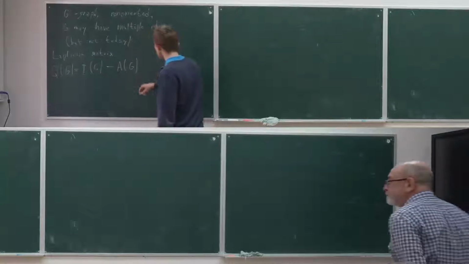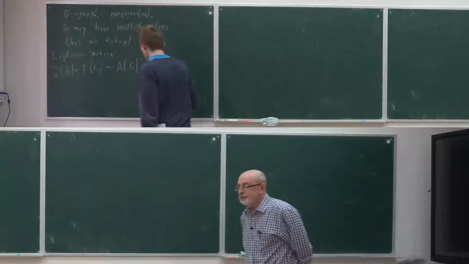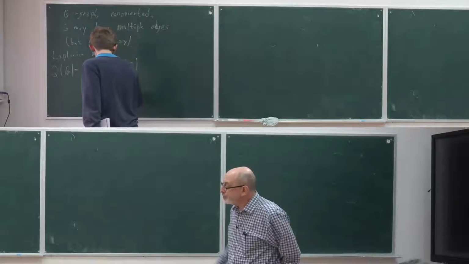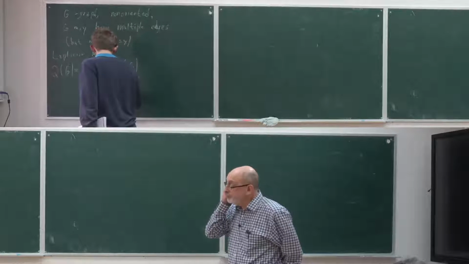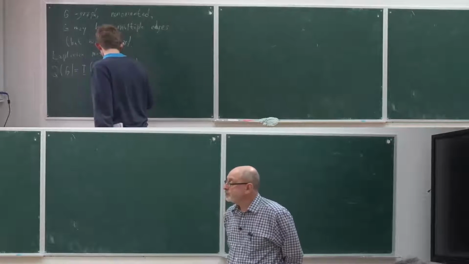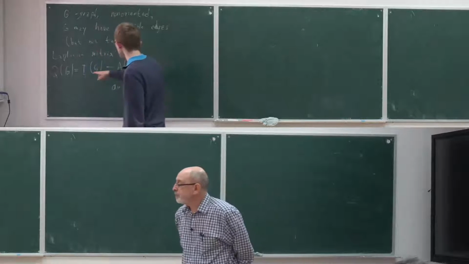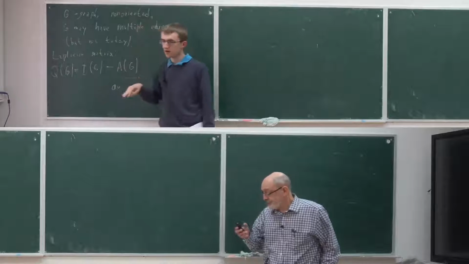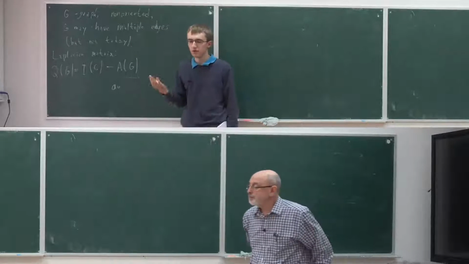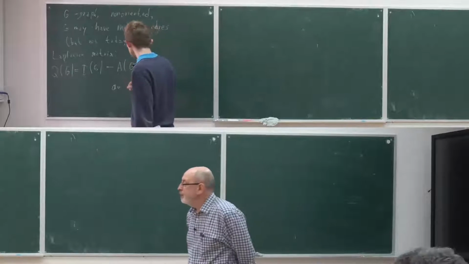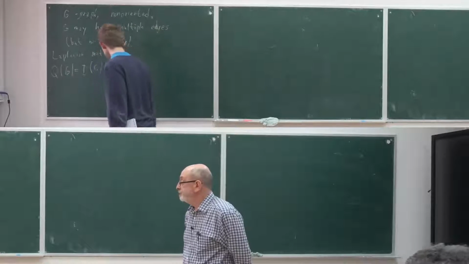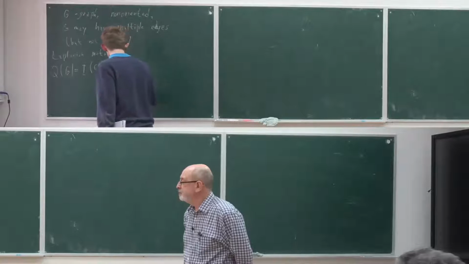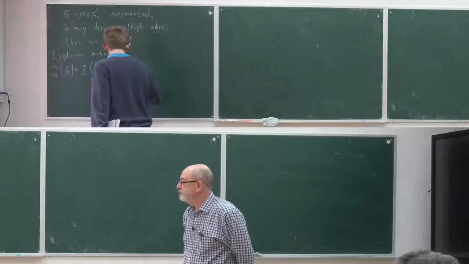A of G is the adjacency matrix. Both of these matrices are square. Their rows and columns are labeled by vertices of the graph, and the elements of A of G are just the number of edges between the corresponding vertices.